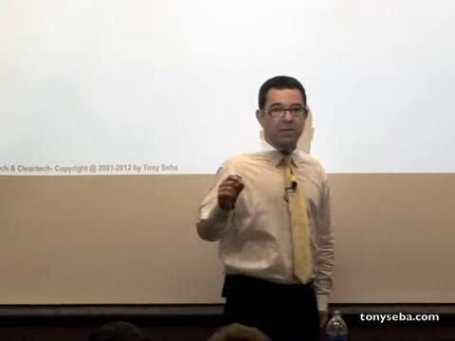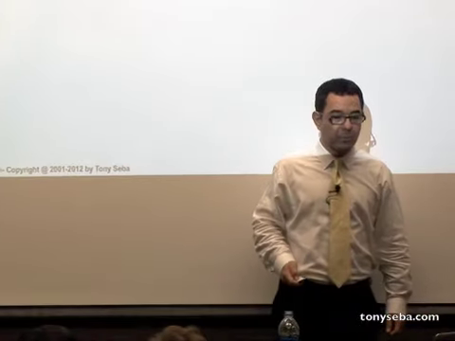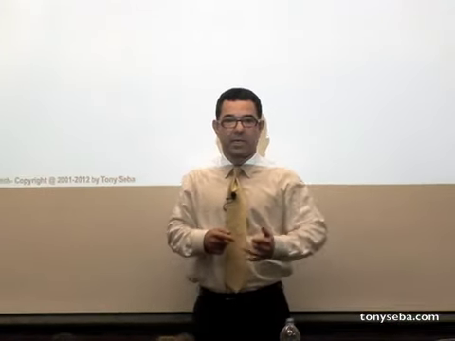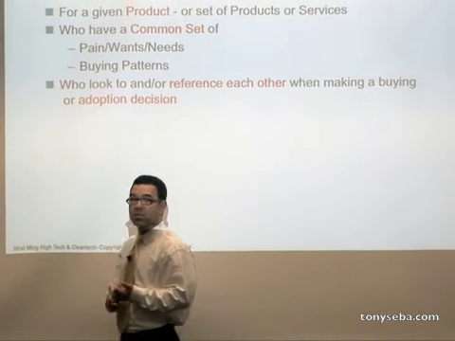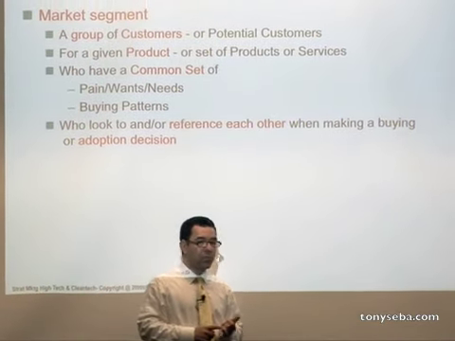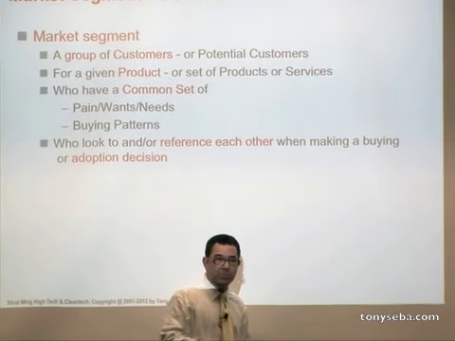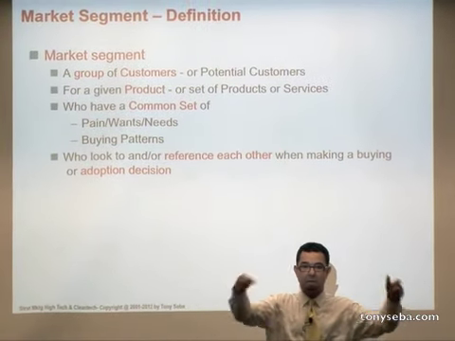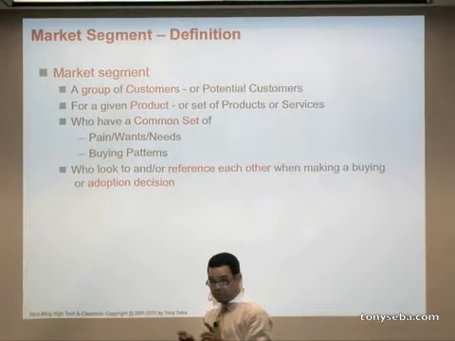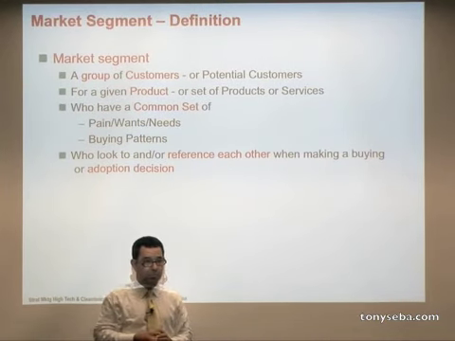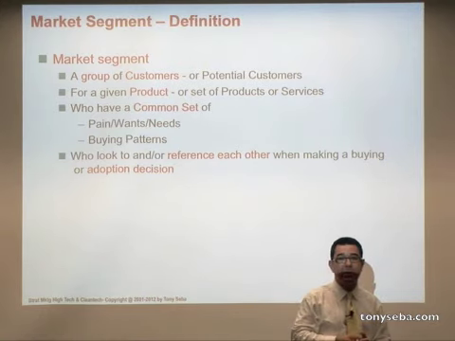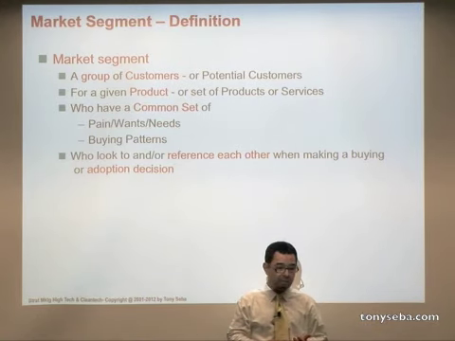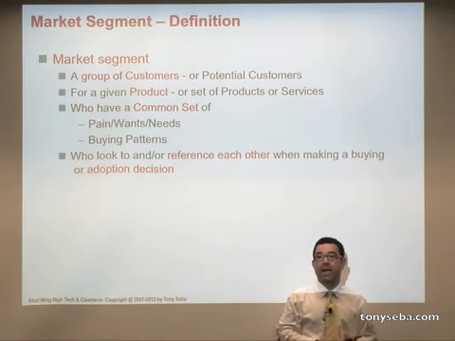So, let me define a market segment. A market segment is a group of customers or potential customers for a given product, not for the company, for a given product or set of products, preferably a product line, who have a common set of pain, needs, and buying patterns.